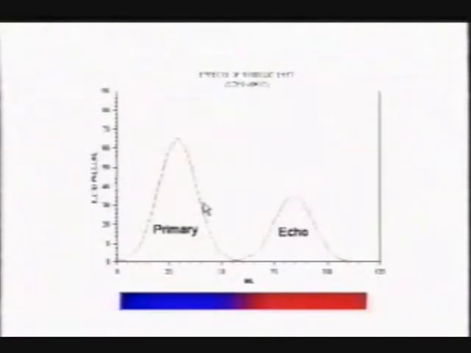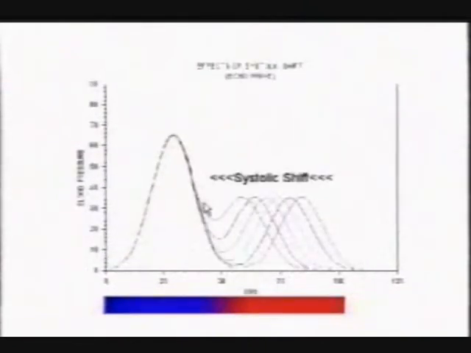We will now look at the results of progressively greater systolic shifts of the echo wave. In the initial stages of systolic shift, the main effect is a decrease in coronary blood flow, as we have seen previously.